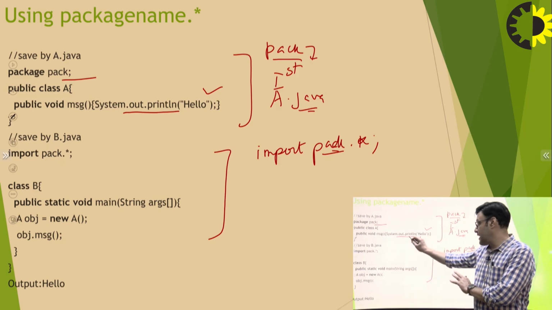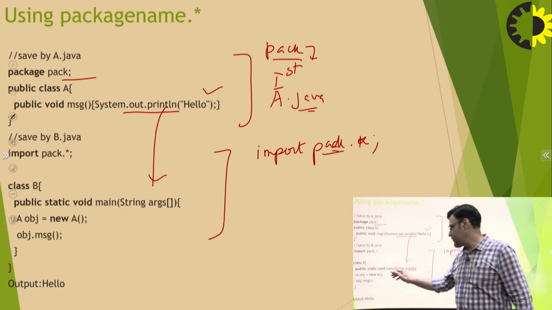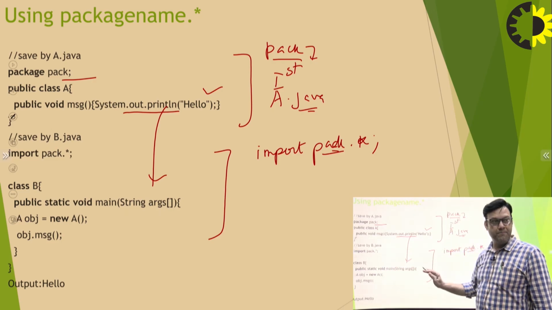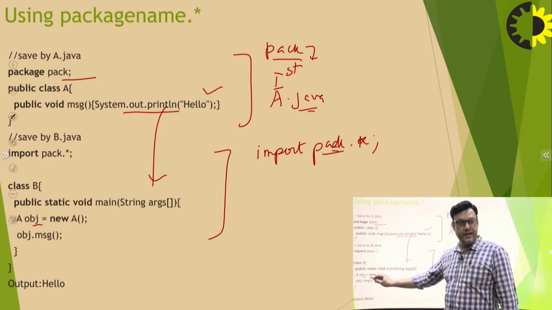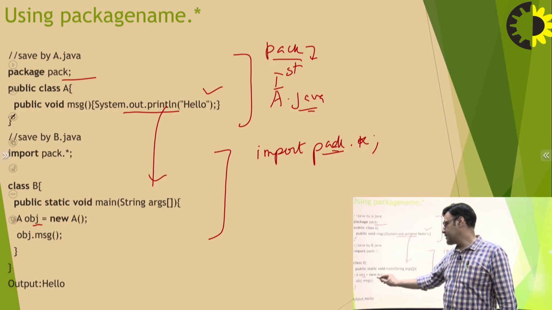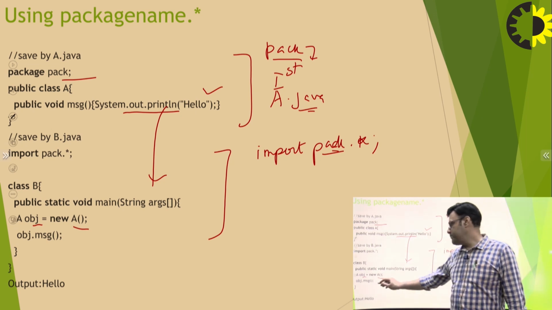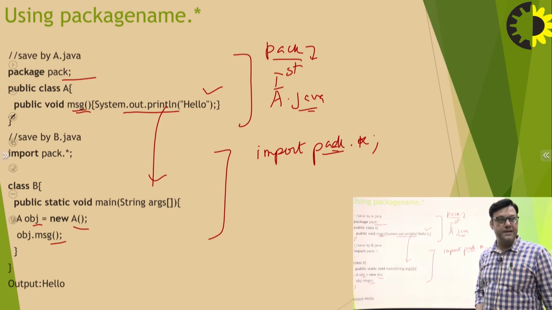That class file will work as a reference, because here we have used public static void main. I have made an object of class A, and that class A is in another package. A object new A, object.msg, I am calling this method.